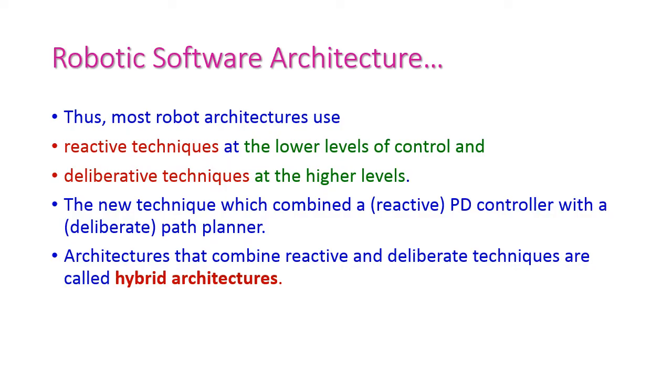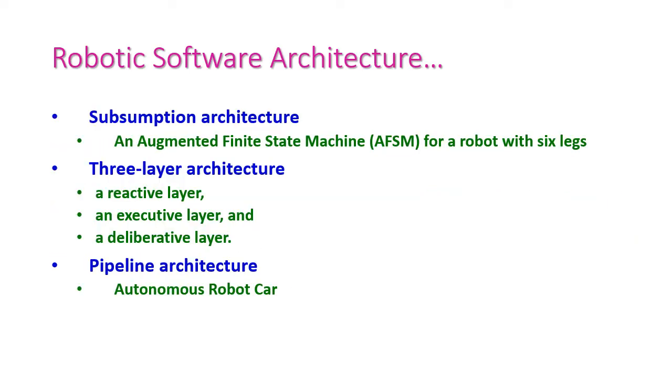Hence, the robot architecture uses the reactive technique for lower level decision making and the deliberative planning technique for higher level decision making. And nowadays these two techniques are combined to form the new robot, and the combination of these two is called hybrid architecture. Next, let us see the different types of software architecture for robotics.